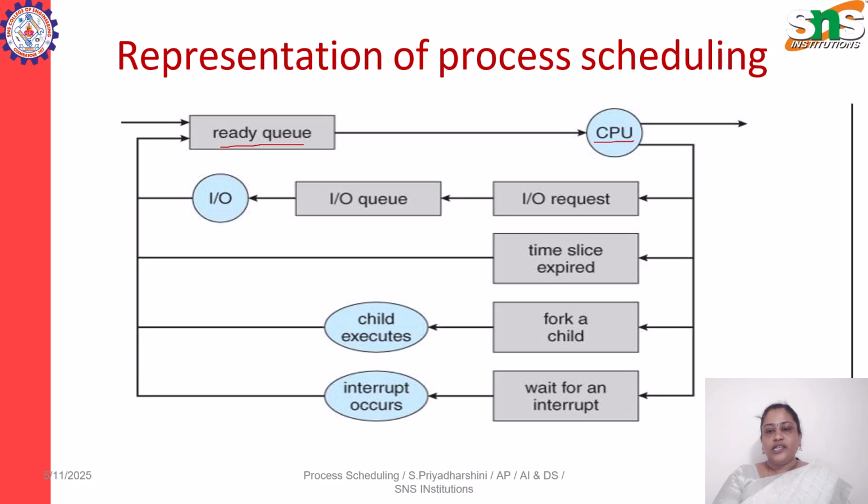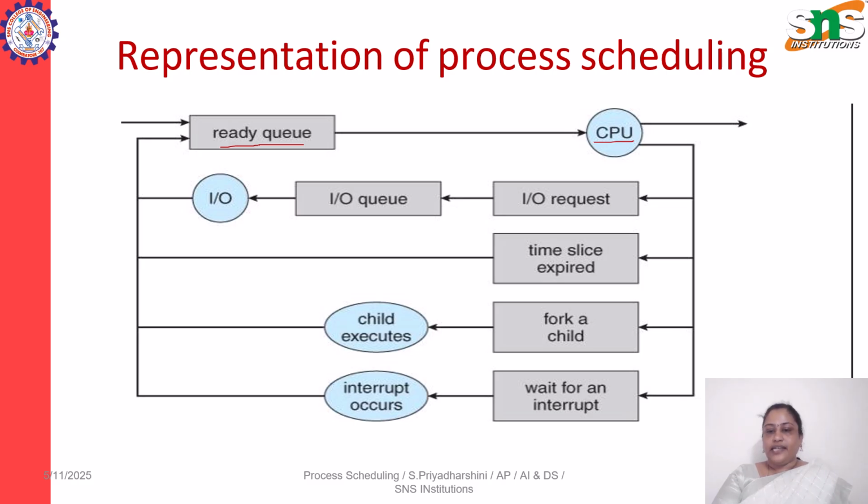The second option is when the scheduling algorithm is round robin. There we have the time slice. When the time slice has expired, the process being executed is removed from the CPU and made available in the ready queue.